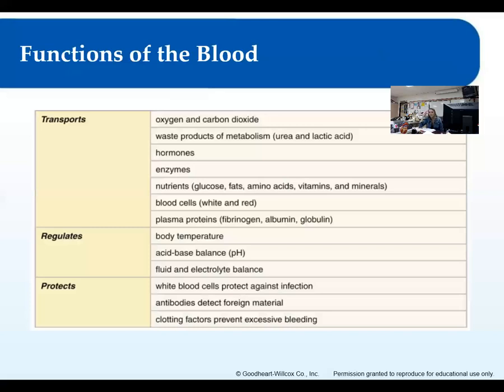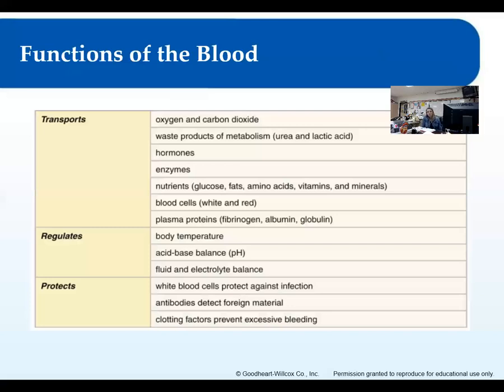Of course, it transports blood cells. Specifically, red blood cells are the ones that carry oxygen, but you also have your white blood cells, which have an immune response. They function to protect you. Then the plasma proteins, which we are going to talk about in a little bit, have their own jobs.